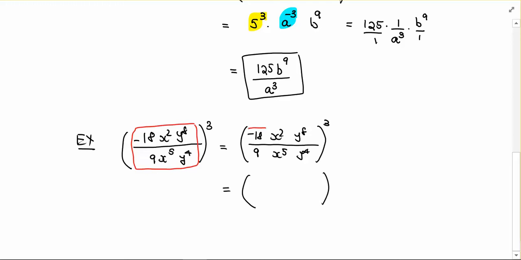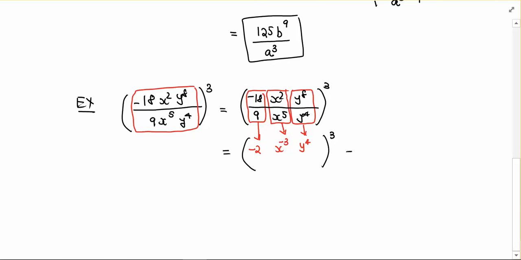This gives me negative 2. This gives me x to the 2 minus 5, x to the negative 3. This gives me y to the 4th. And don't forget, you have that 3.